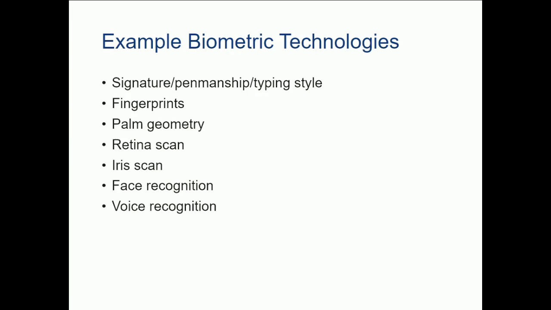If I put my hand on a scanner and you scan an image of my palm, the palm itself contains much other information. So palm geometry is actually a good biometric. It's also similar to the iris scan, and also voice recognition.